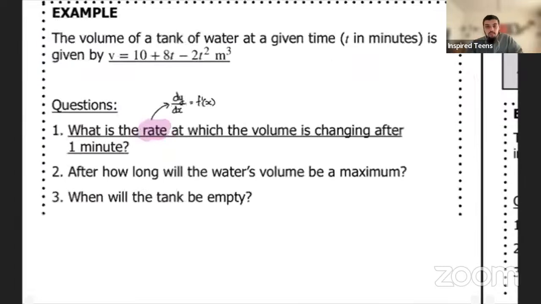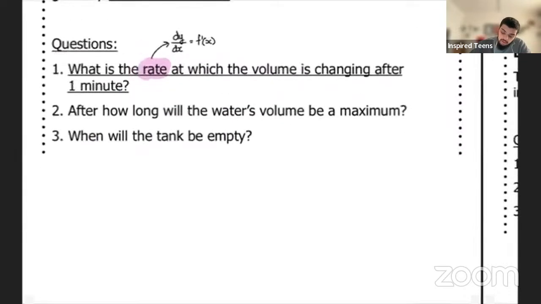Okay, so just give me 1 second. Okay, so we have a formula that represents volume. They want to know what is the rate at which volume is changing.